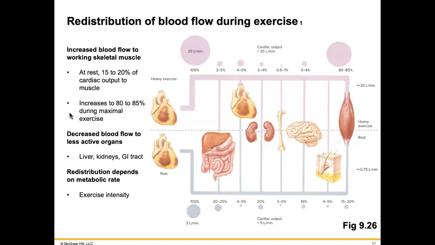And of course, we're going to decrease our blood flow to inactive organs, such as the liver, kidneys, and our digestive tract organs, such as our intestines, the stomach, and the colon. And so we have redistribution that depends on our metabolic rate, so we really have to consider our exercise intensity.